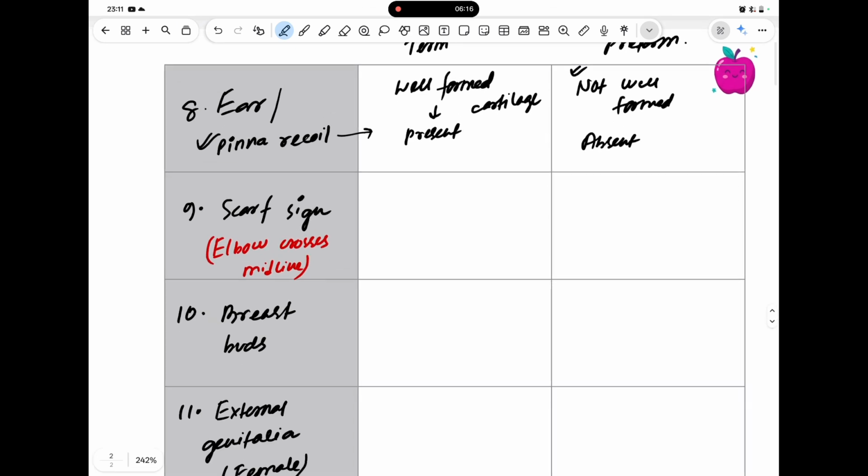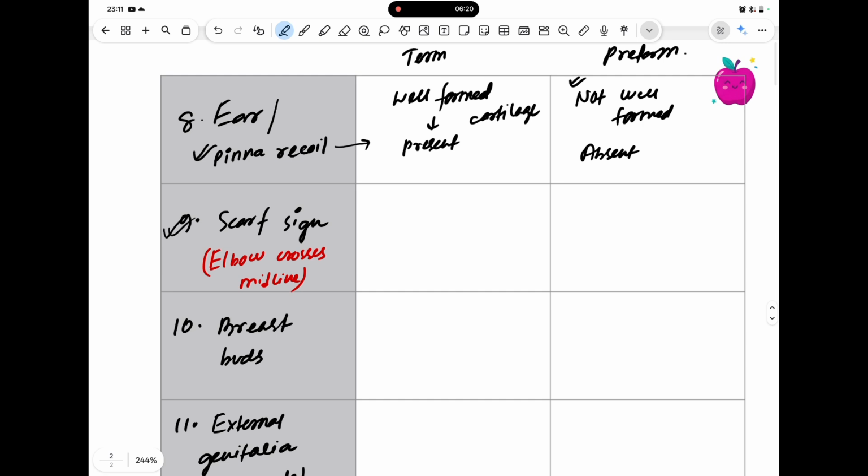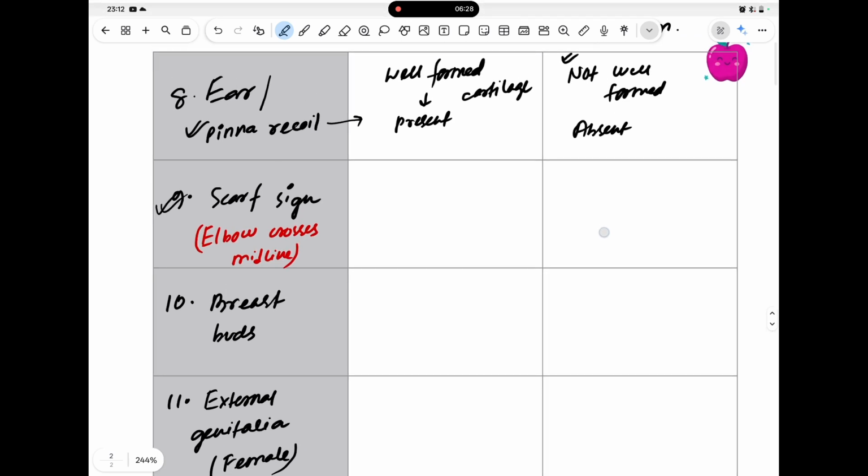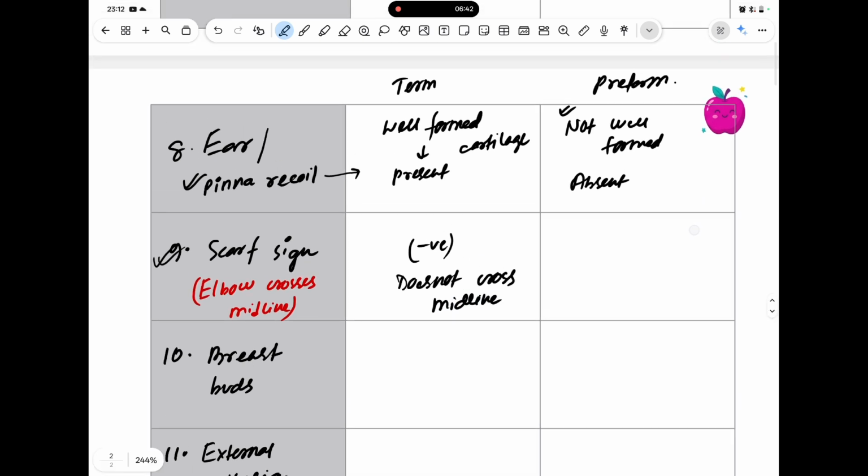Scarf sign means elbow crosses midline. Since in case of term the tone is high, the elbow does not cross midline. But in case of preterm, since the tone is less, the elbow easily crosses, that is, scarf sign is positive.